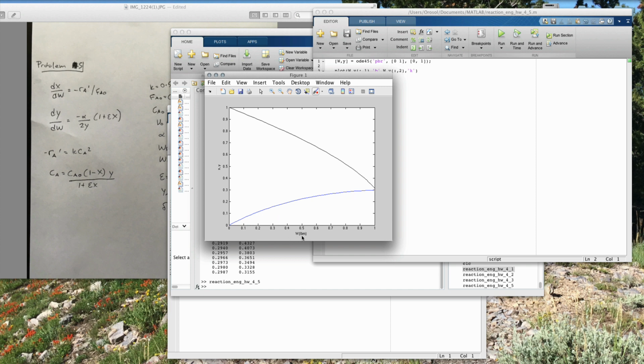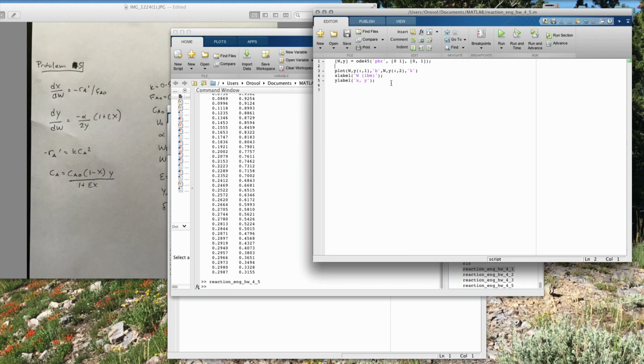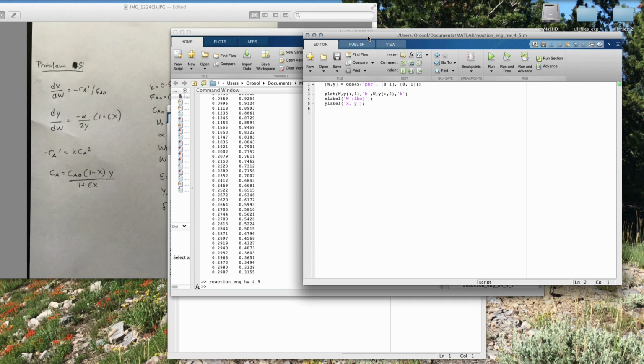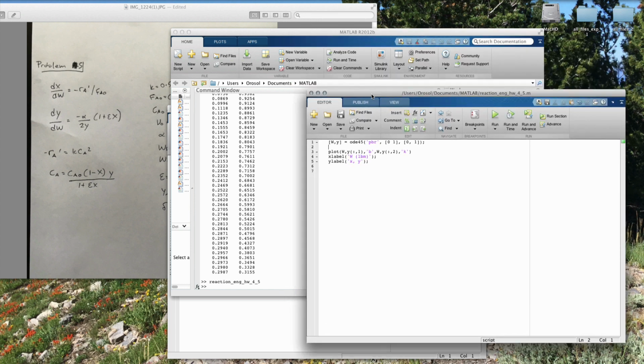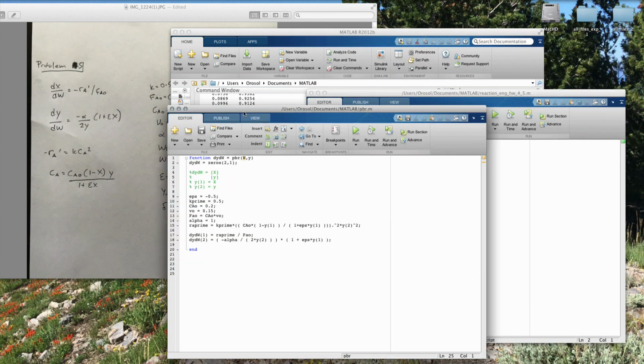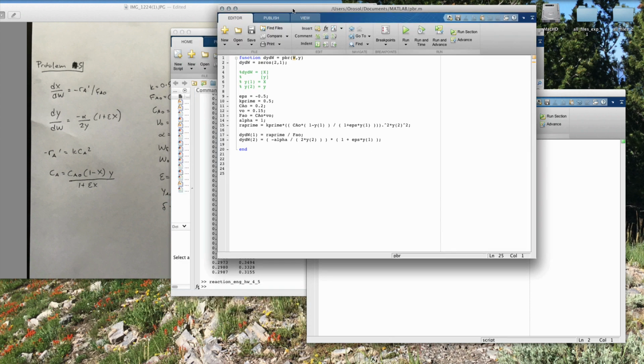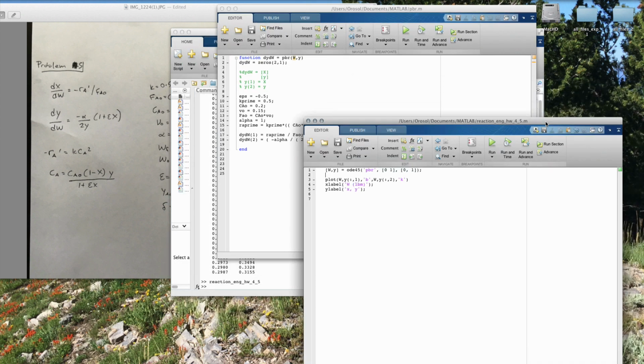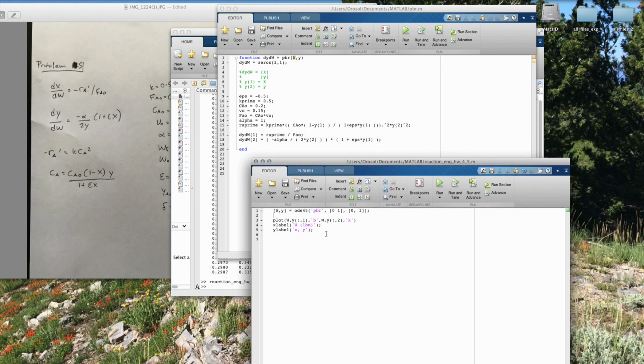If I was actually going to use this plot, I would go in and edit these, but this is the weight, and then X and Y. So, like I said, I went through this a lot faster, but I already did a really detailed video on this code. So if you're confused about this, then either play around with it, I mean that's the best way to figure it out, or go back and watch that other video.